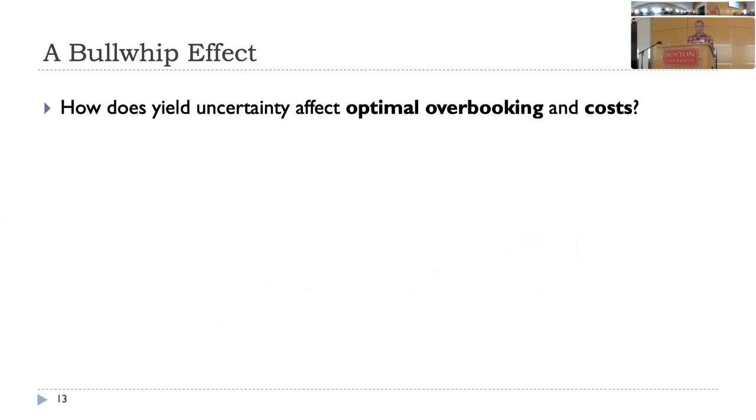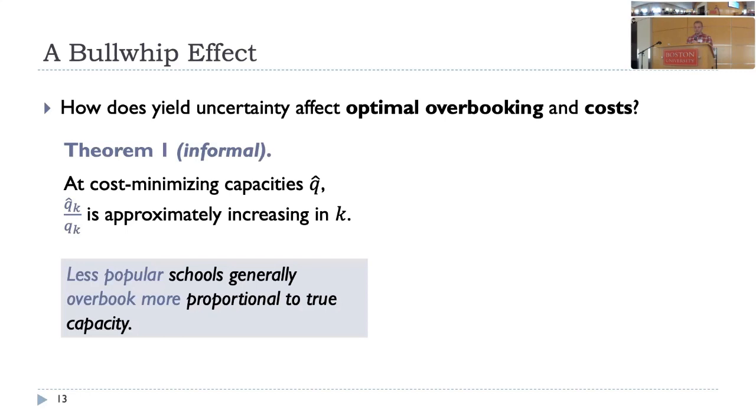So given that we have established that lower scores have higher yield uncertainty, how does that affect optimal overbooking and cost? The first insight is that at cost minimizing capacity, so at the optimal decision for overbooking, the ratio between how much you overbook divided by your true capacity is approximately increasing in K. What that tells you is that a less popular school generally overbooks more in proportion to the true capacity.